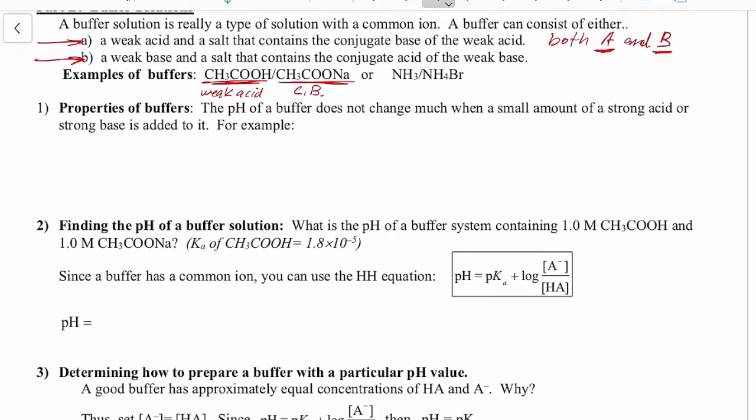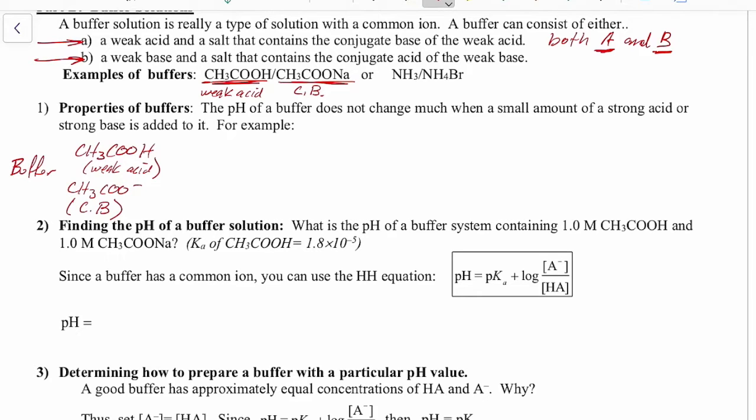Your buffer is going to consist of the CH3COOH, there's your weak acid, and it's also going to contain your CH3COO minus, which is your conjugate base.